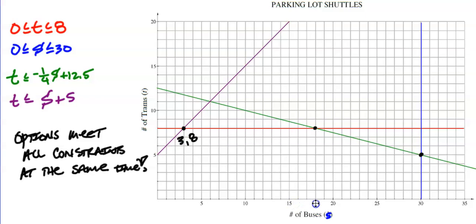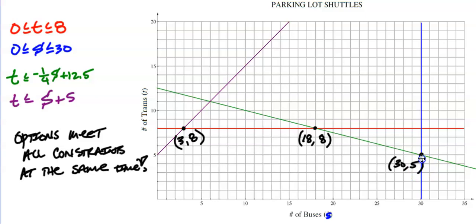Here we have 18 and 8. And here we have 30 and 5. That's what we got so far.